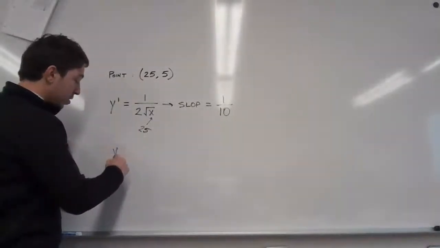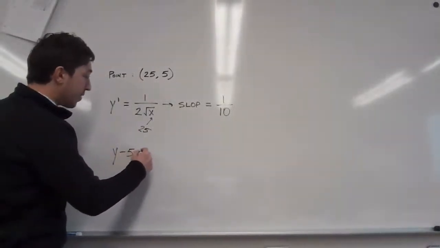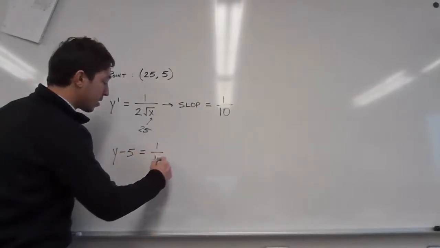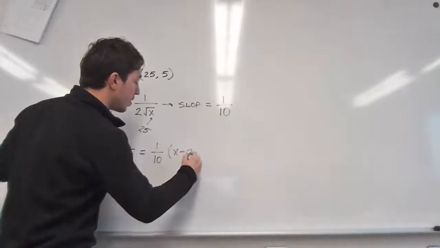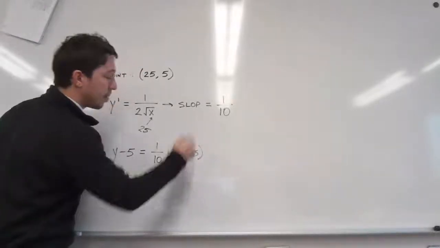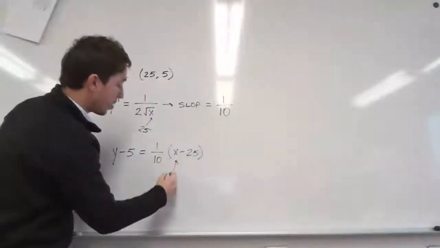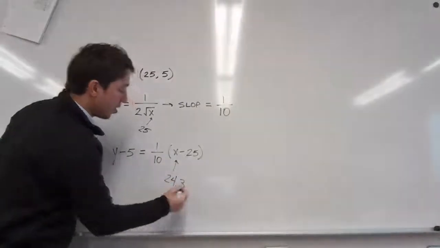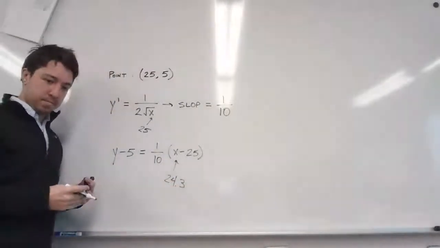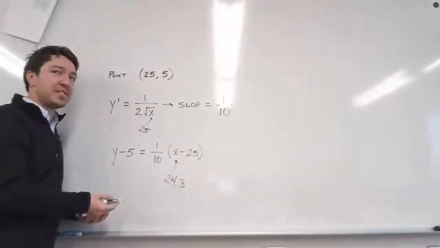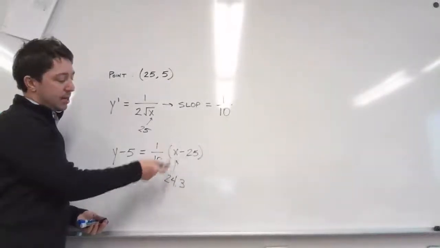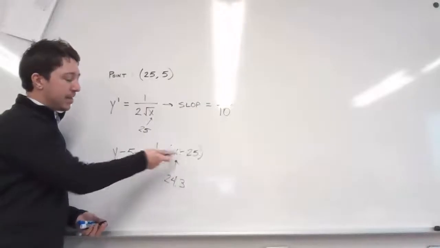My equation is y minus 5 equals 1/10 times x minus 25. And so if I plug the value I care about, 24.3, in there, it's kind of arithmetic, maybe you're rusty on it, but it's gonna be negative 0.7, but a tenth of that.